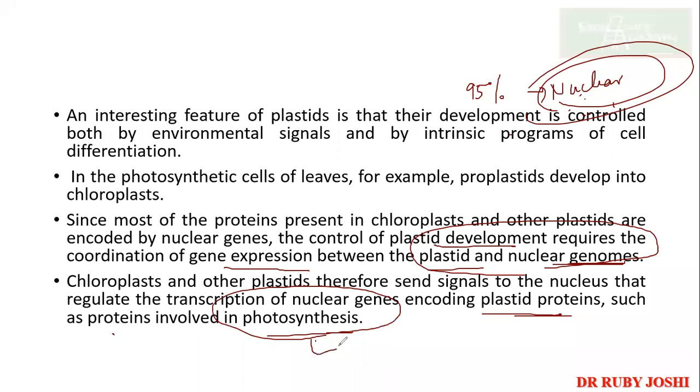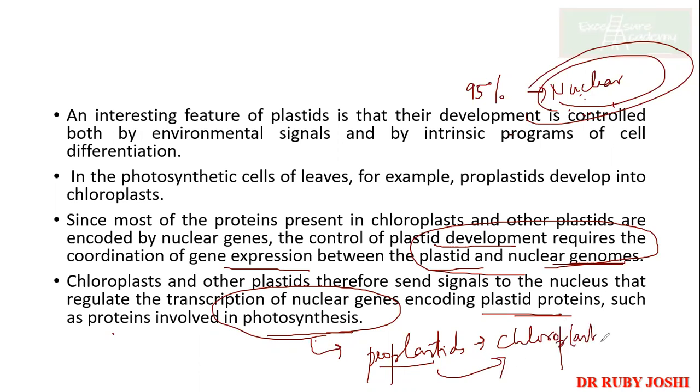So I should have gene expression for chloroplast formation from a proplastid. Getting the point? So you have the proplastid. Now it gets a signal that I have to go for photosynthesis. Of course, photosynthesis is only possible if you have the chloroplast. So from the proplastid, it will go for the formation of the chloroplast. Clear?